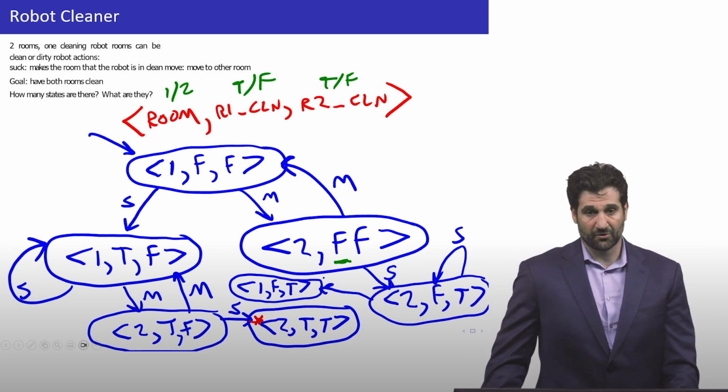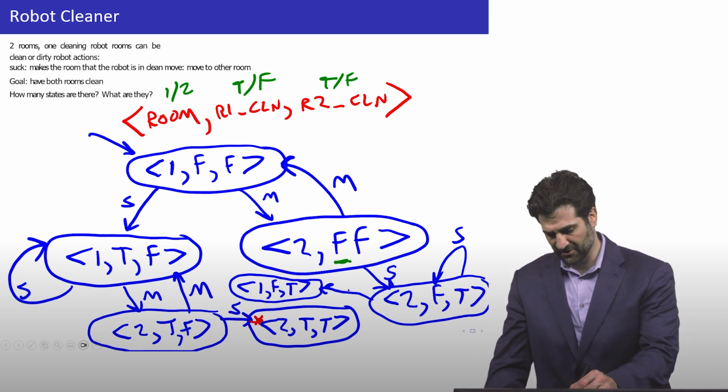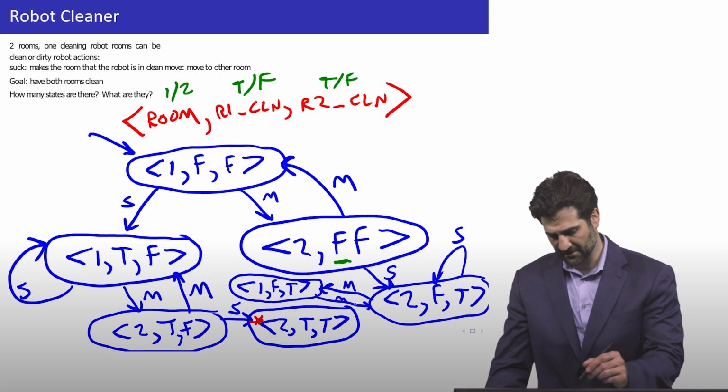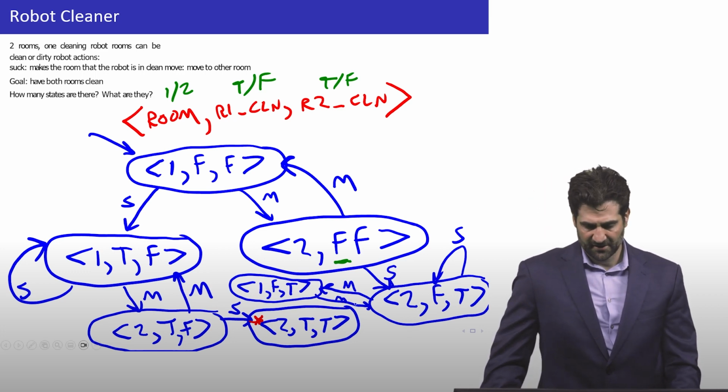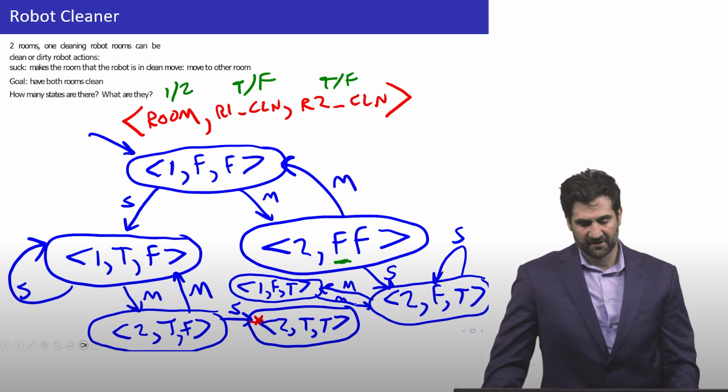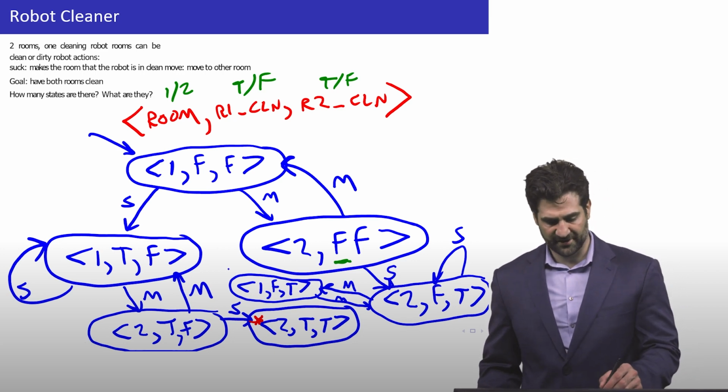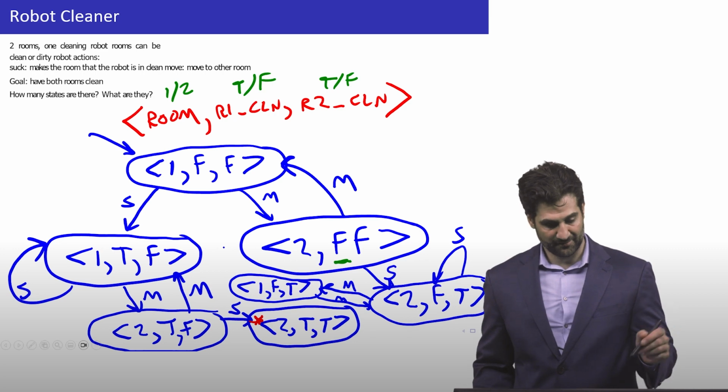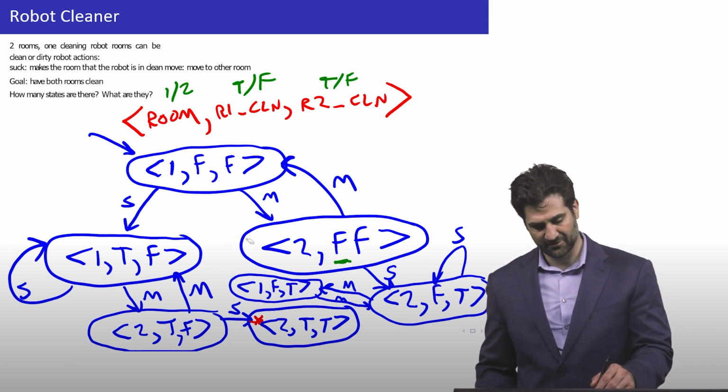Okay, so if it's in room 1 and then it moves back to room 2, it will just go back. But if it decides to suck, it's going to have another goal state. And that is going to be, should have made these so big.